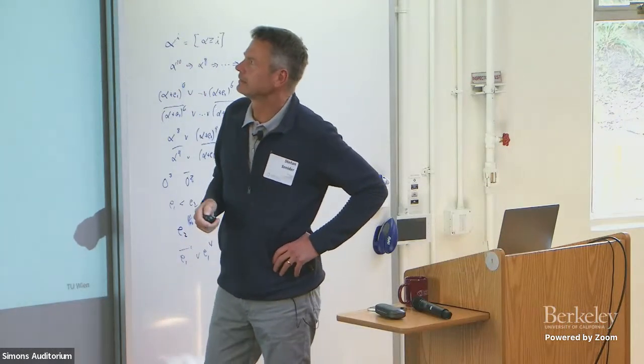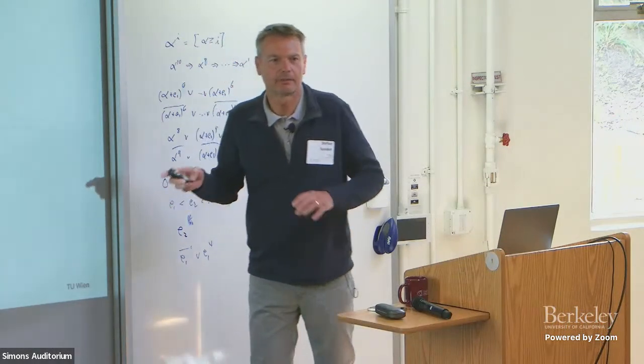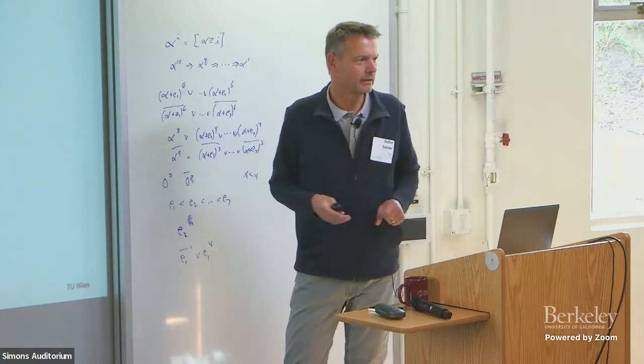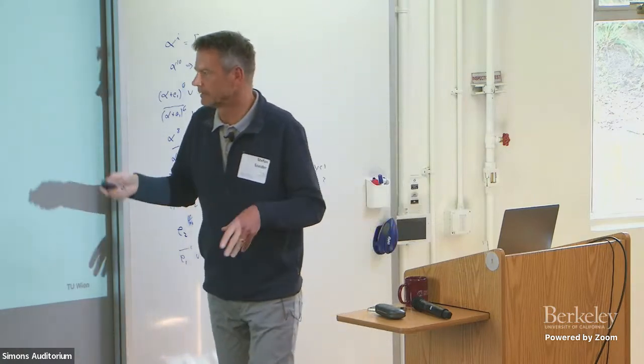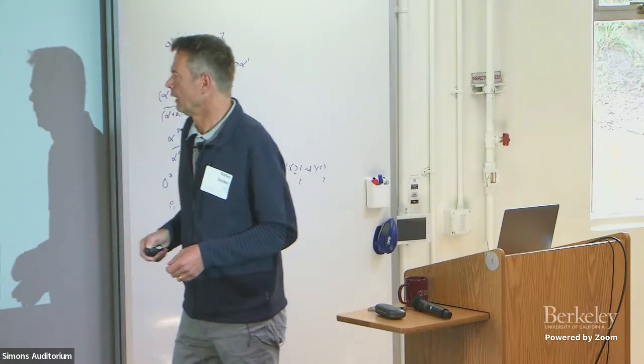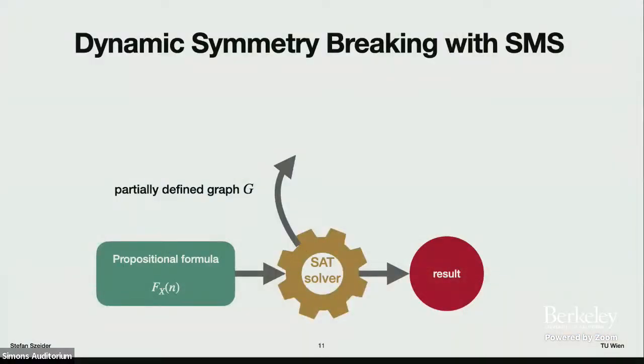So what is SMS? What is different with SMS from these other dynamic systems? The idea is that what we send to our propagator is a partially defined graph G. And I think this is an interesting combinatorial object, which I have not seen studied elsewhere, but it's very natural because we all used to work with partial assignments.